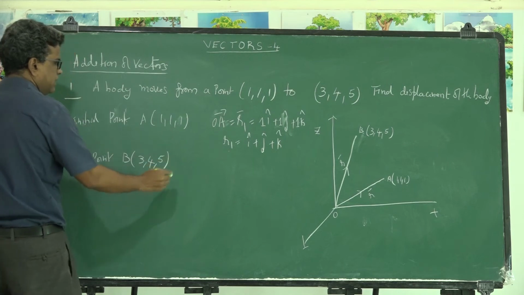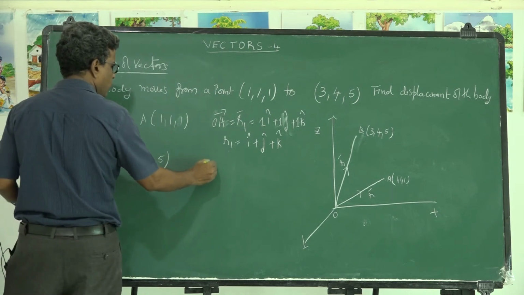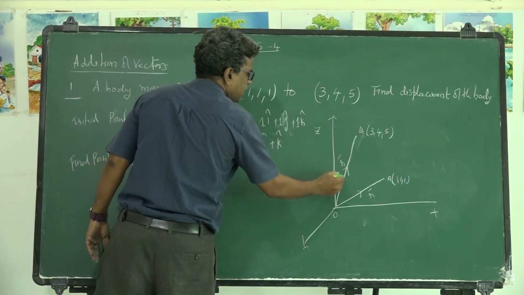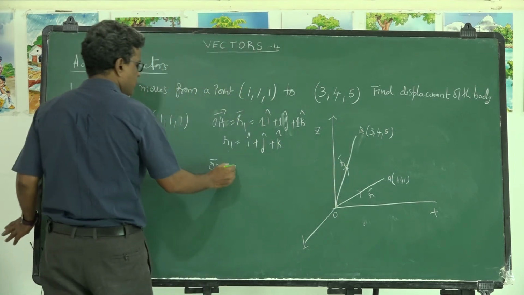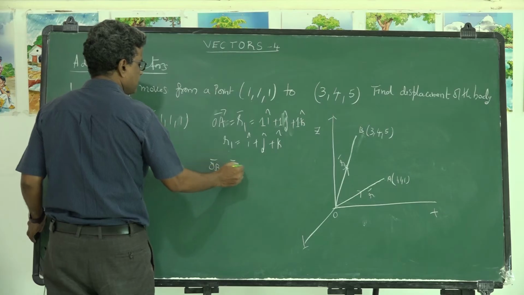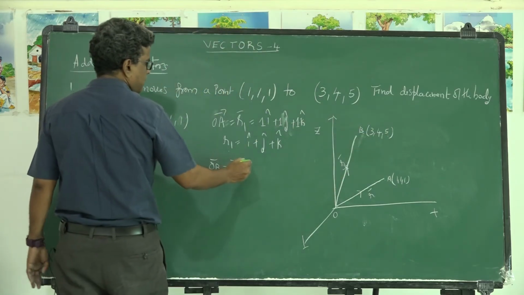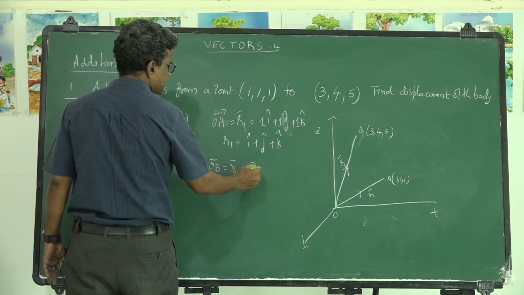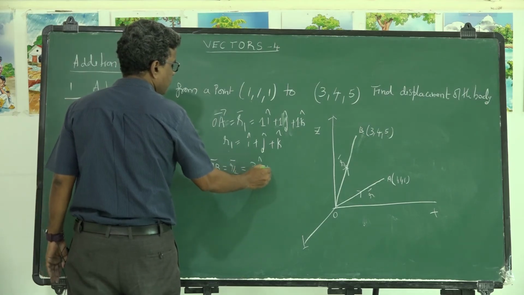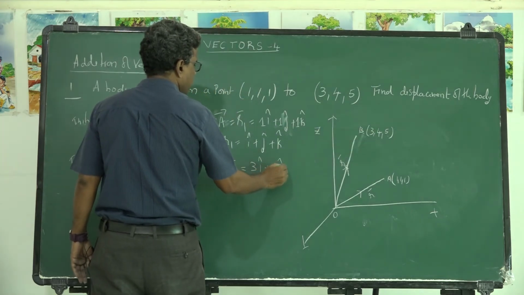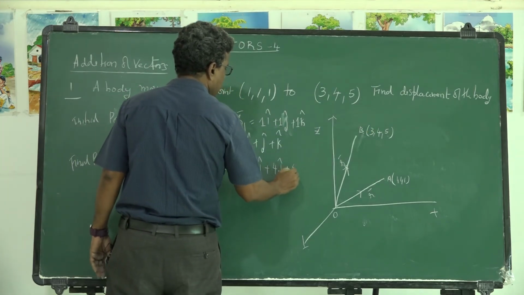How can we represent it in terms of the vector OB bar, the position vector, let it be r2? So r2 bar is equal to 3 i cap plus 4 j cap plus 5 k cap.